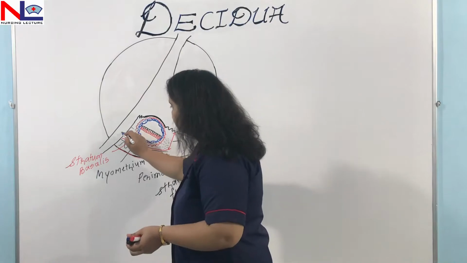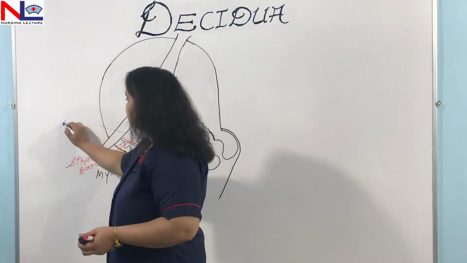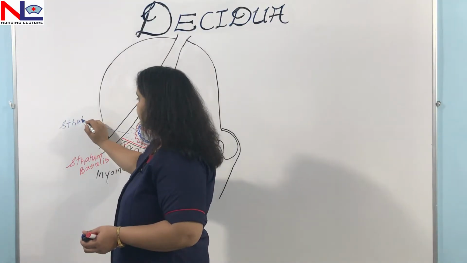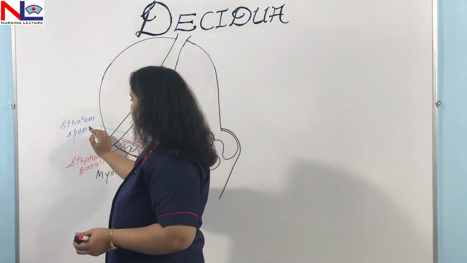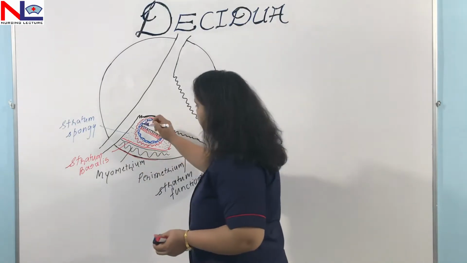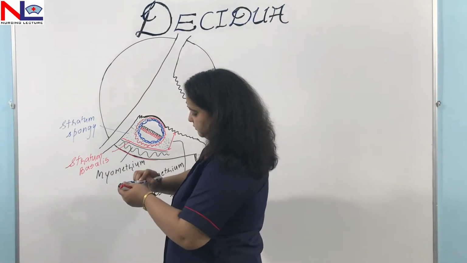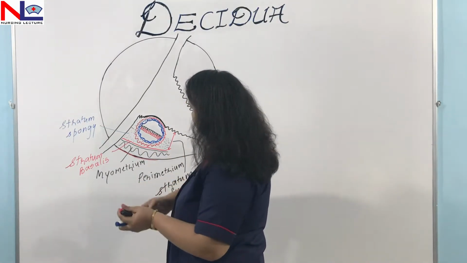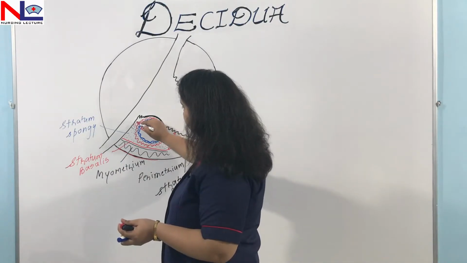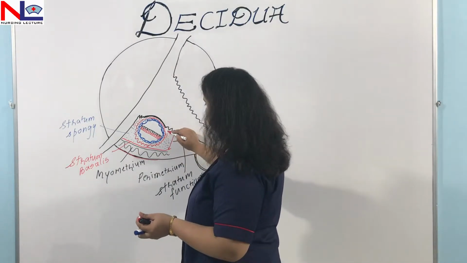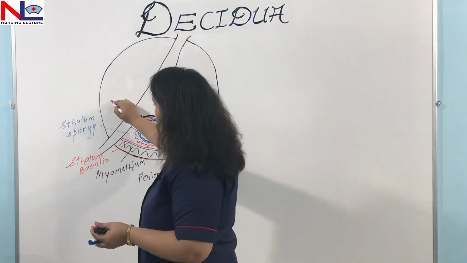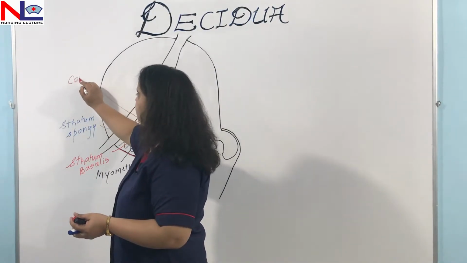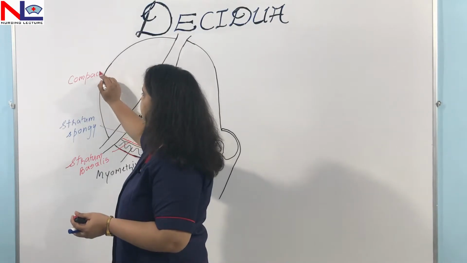I'll mention here, stratum spongiosum or spongy layer, and the innermost one, I'll draw with a different color, is called the stratum compactum, the compact layer.